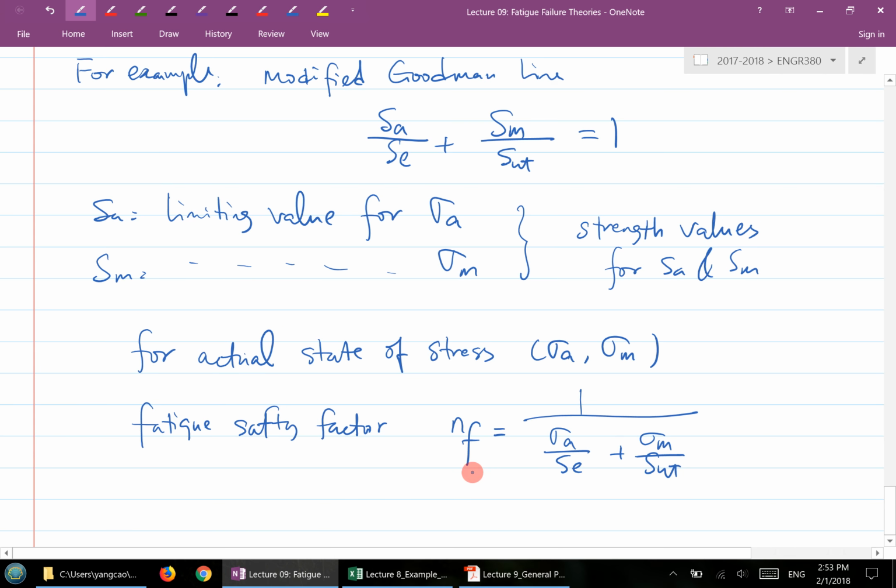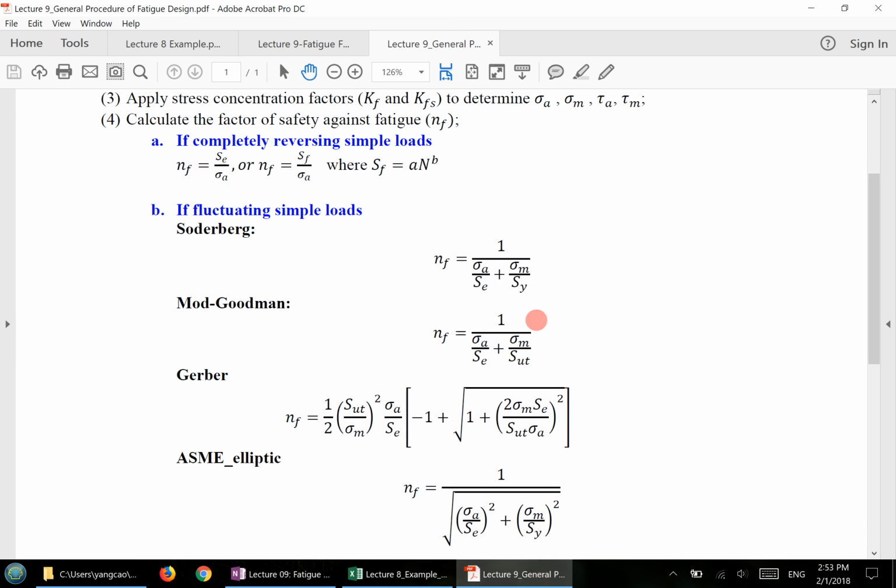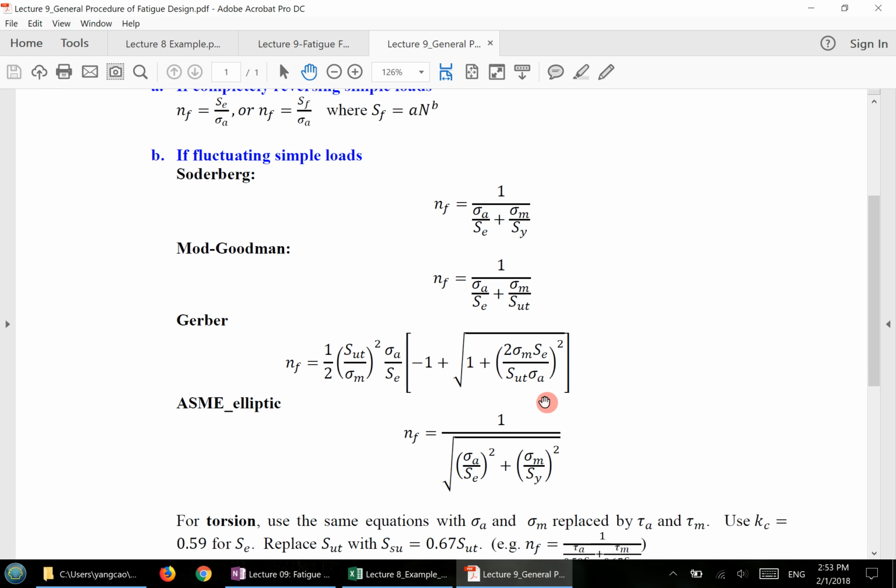And as a matter of fact, if you look at all the formulas here, I want you to do a quick check. If you set sigma M to be 0 in the 4 formulas here, what do they end up with? If sigma M equals 0, this formula becomes SE over sigma A. This one is the same thing.